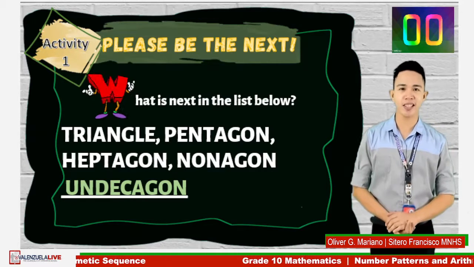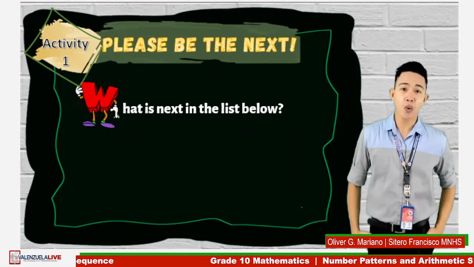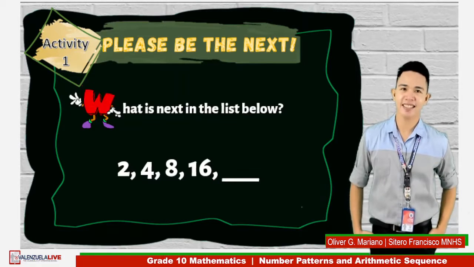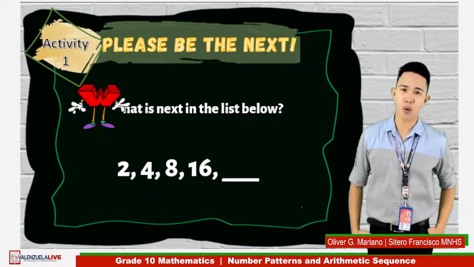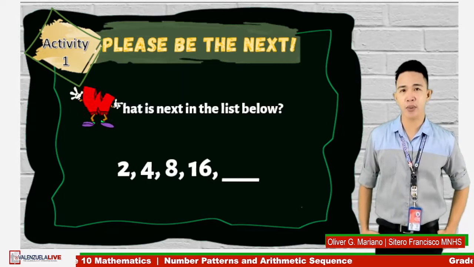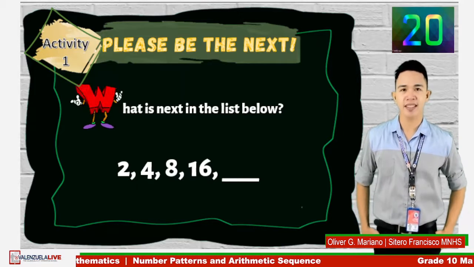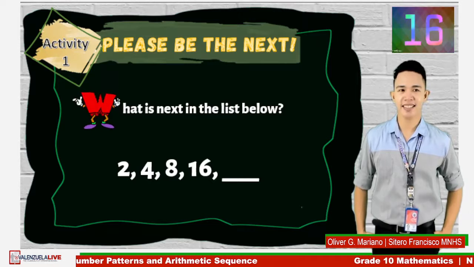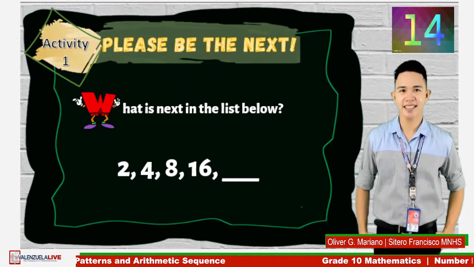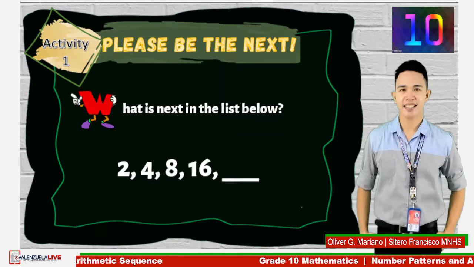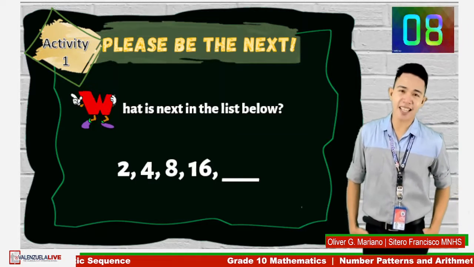Let's go to the second one. What is next in the list below? 2, 4, 8, 16, and blank. You've got 20 seconds. Go. Ten seconds left.